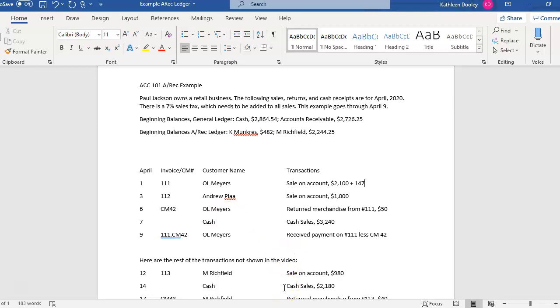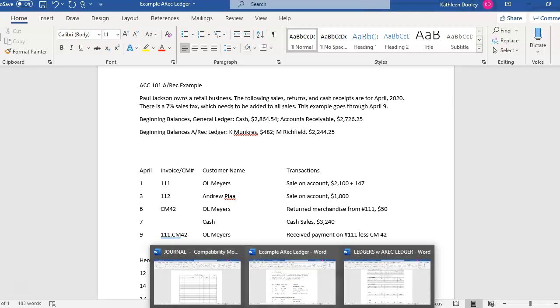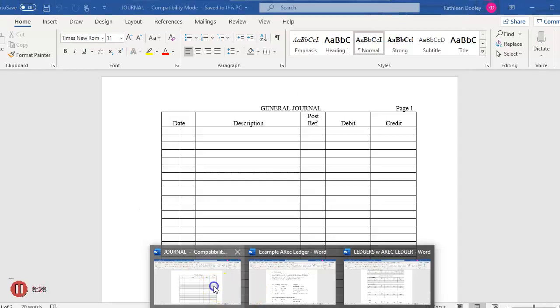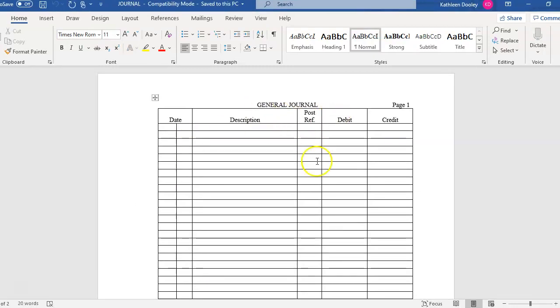Okay, so here we're going to have to first go to our journal and journalize this. This is on April 1st. So here's my general journal. If you need to change the page number, there's the page number, and you can modify that. Okay, here's April 1st, and this is a sale on account. So that means that we're increasing the fact that the customer owes us, which is accounts receivable.